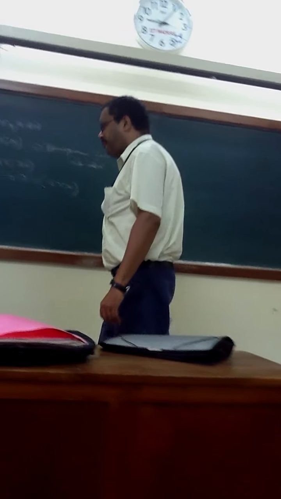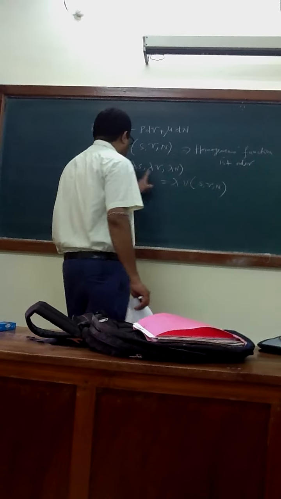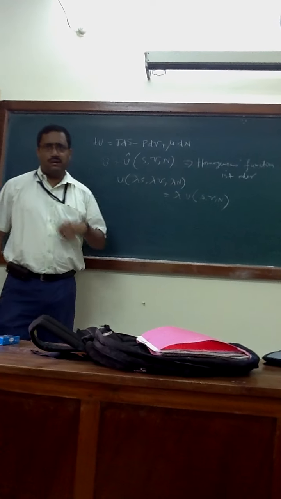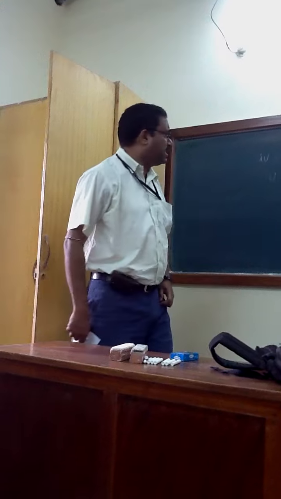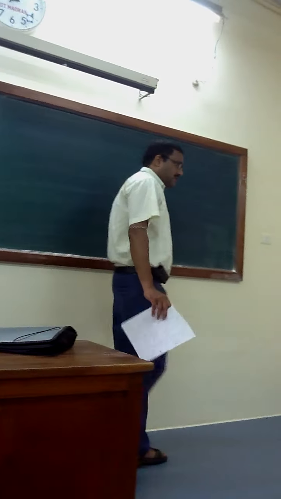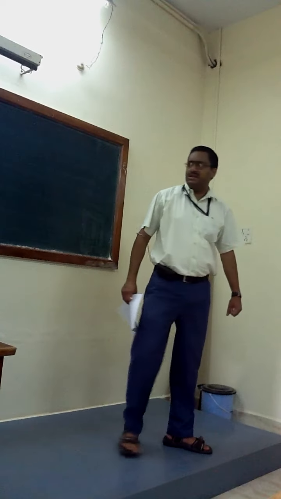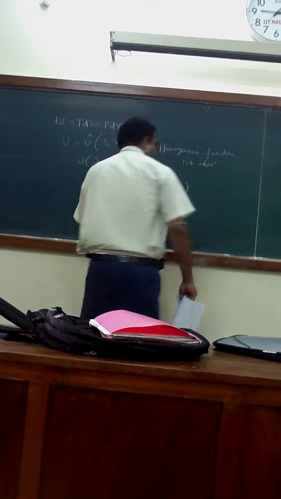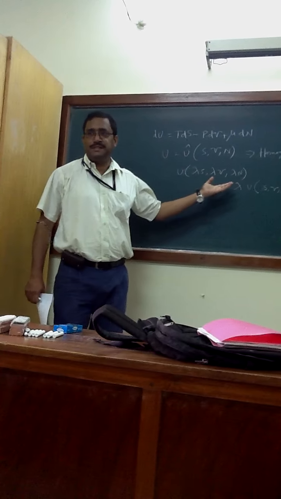It says that if each of these properties, entropy, volume and N, are increased by lambda times, lambda meaning 5 times, 6 times, 7 times, the internal energy, which is a function of S, V, N, will also be increased by lambda times. It's very simple.